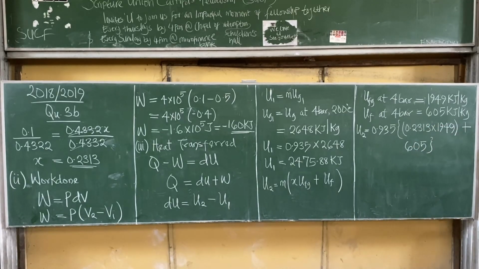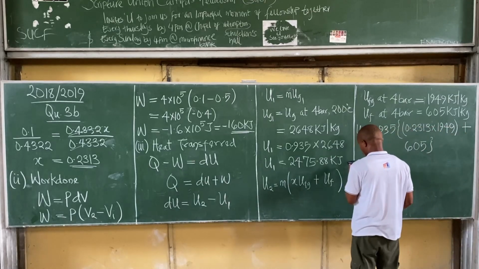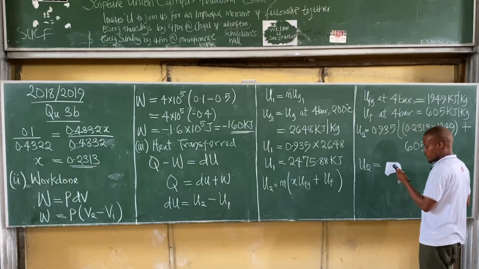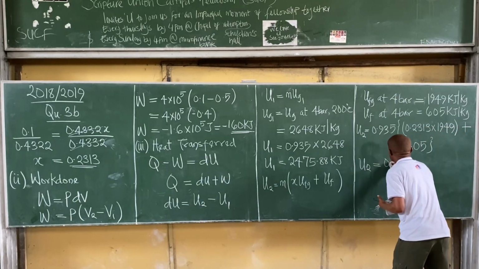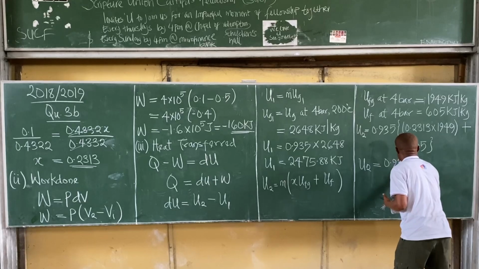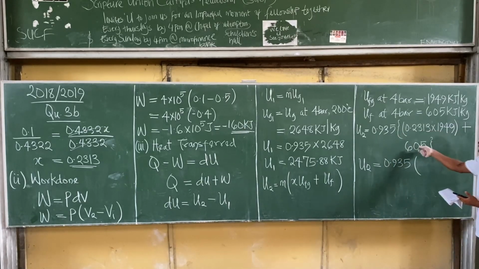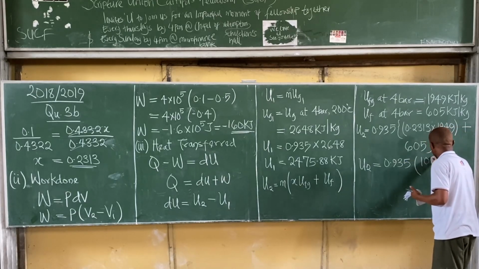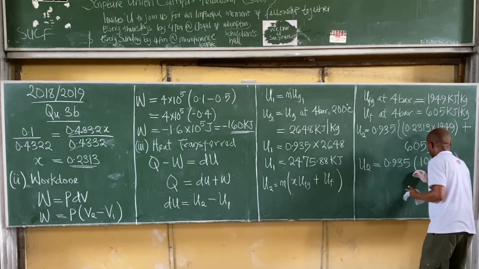So this is it. In simplifying, we got that U2 equals, now this is how we go, 0.935. Simplifying this bracket, we multiply this first, then we add this, and we get 1055.80.